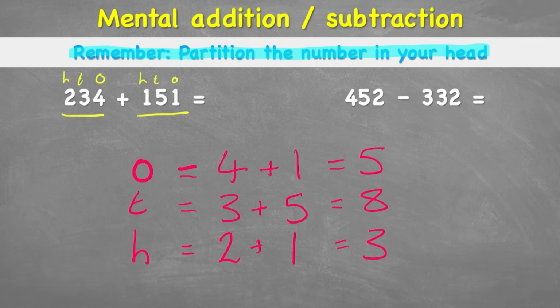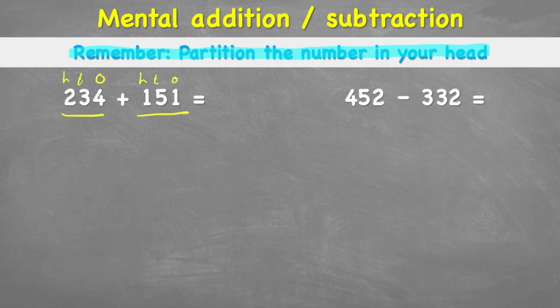Therefore, when I put this back together in my head, I would have 385. And all I did was just partition that number in my mind, adding first the ones, the tens, and the hundreds.